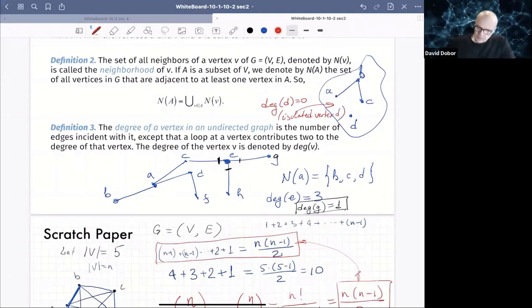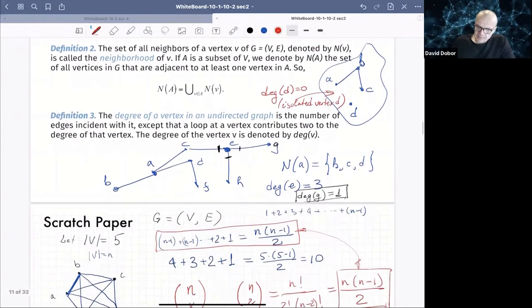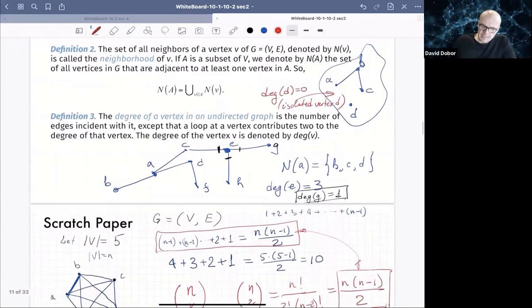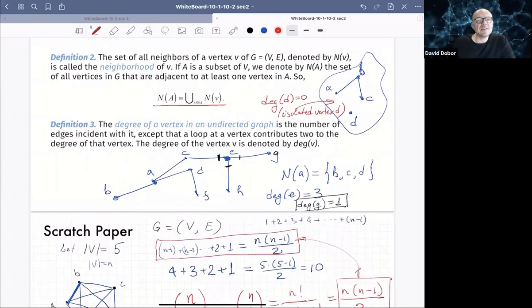There's one more thing we should say about the neighborhood of a set of vertices. Suppose I want to look at the neighborhood of a set of vertices like A, D, and E. Suppose my set A is a bunch of vertices, in this case A, D, and E. What's the neighborhood of this set A?